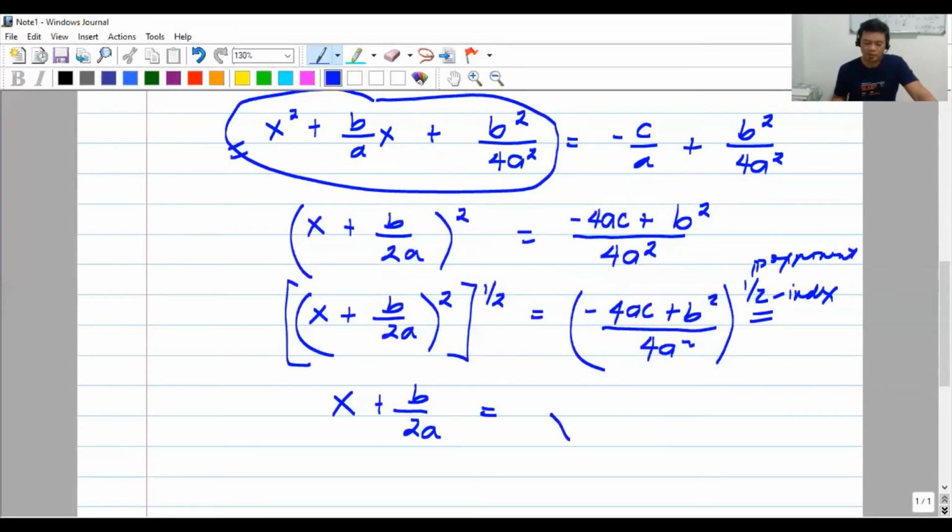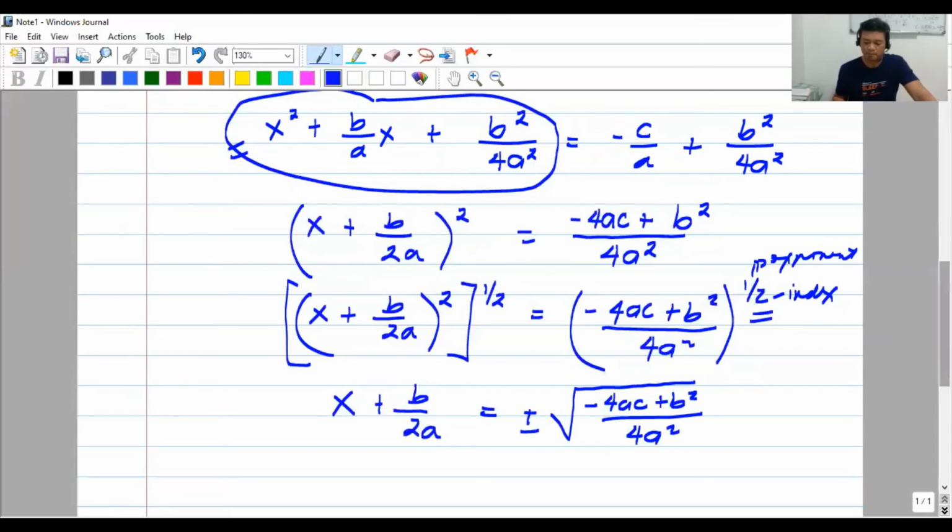So we have the square root of negative 4ac plus b squared over 4a squared. And we have here plus and minus because the square root of a perfect square is either a positive or a negative real number.